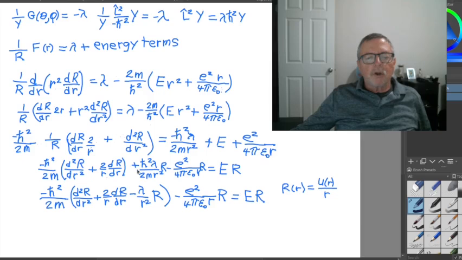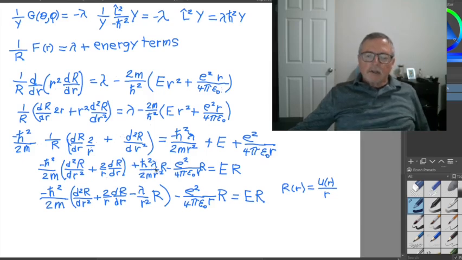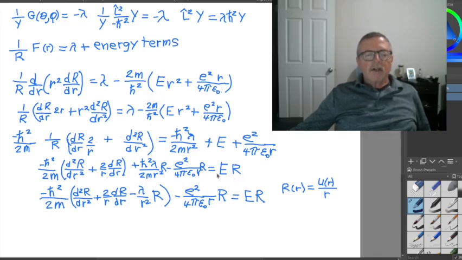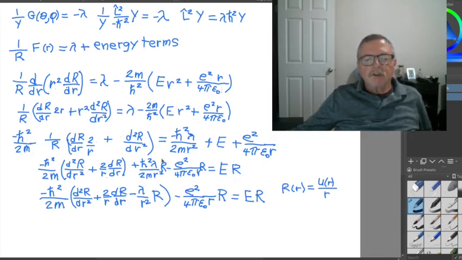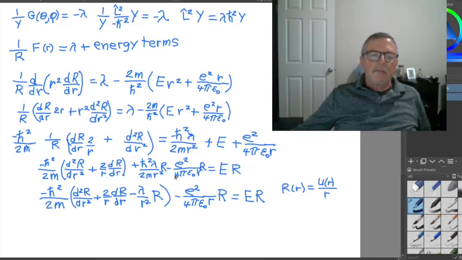It became a plus h squared lambda over 2mr squared. And this is the potential energy, and it should have a negative sign in front of it. So that all looks good. And here's R. So this is kind of a Schrödinger thing, but it's kind of messy.